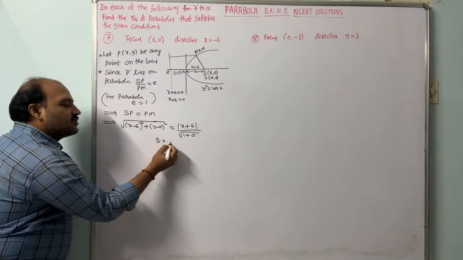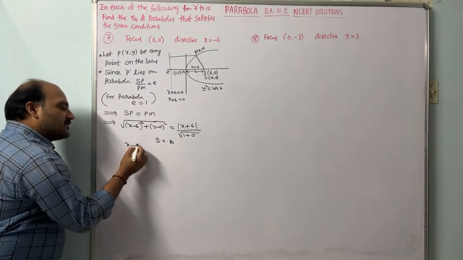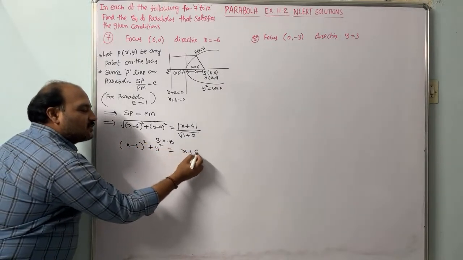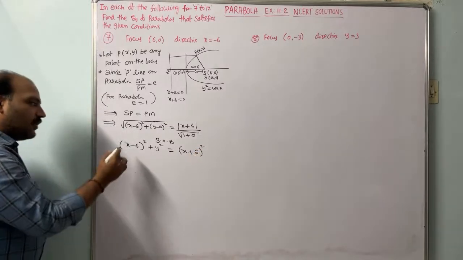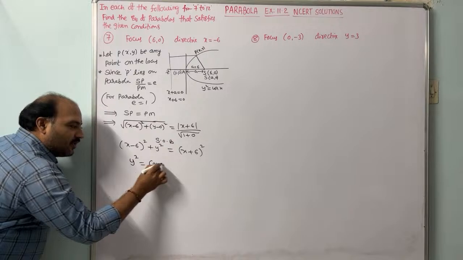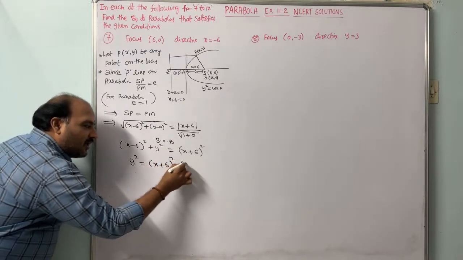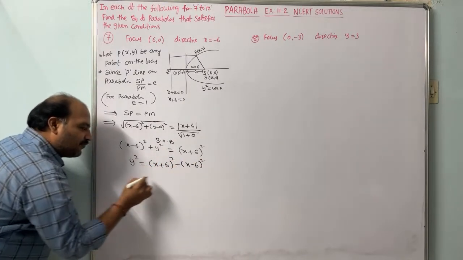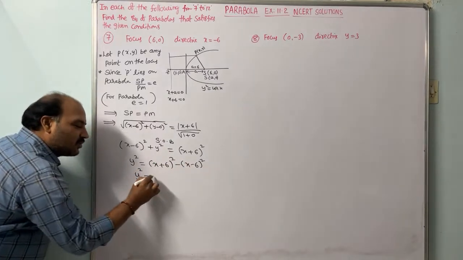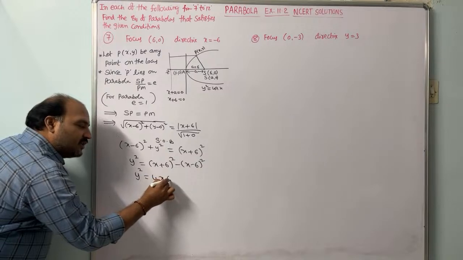Squaring on both sides, (x − 6)² + y² = (x + 6)². So y² = (x + 6)² − (x − 6)². That is (a + b)² − (a − b)² = 4ab, so 4 into x into 6.